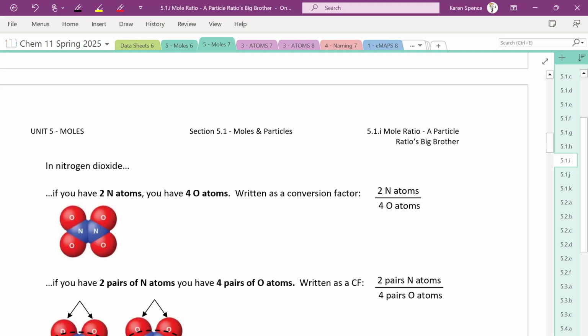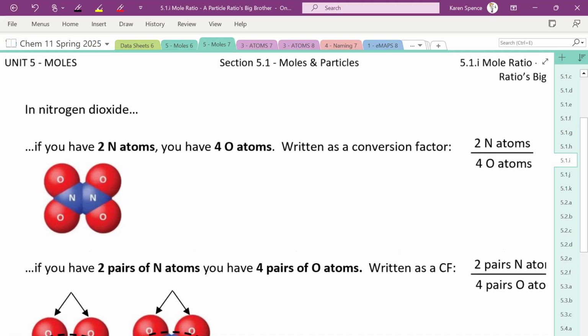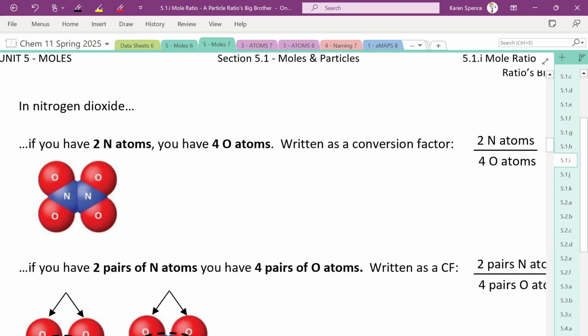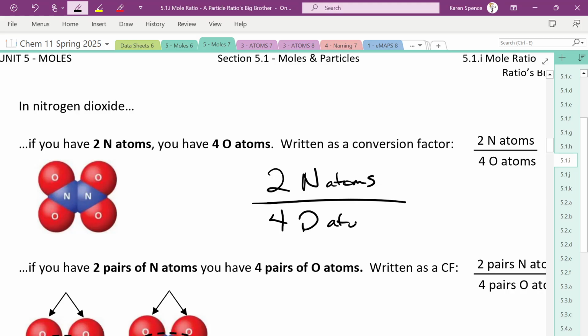You can do this with atoms. If we have 2 N atoms in this molecule, then we have 4 O atoms. So we have 2 N atoms for every 4 O atoms. But that scales up.